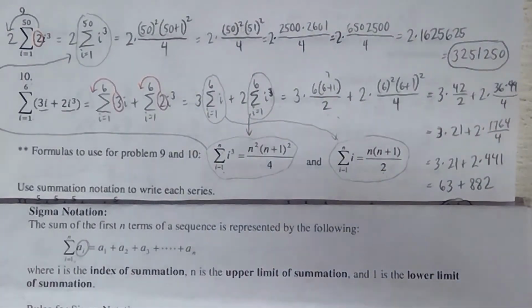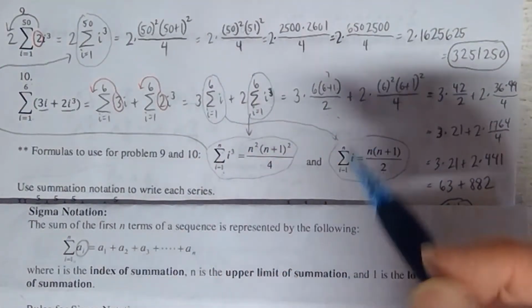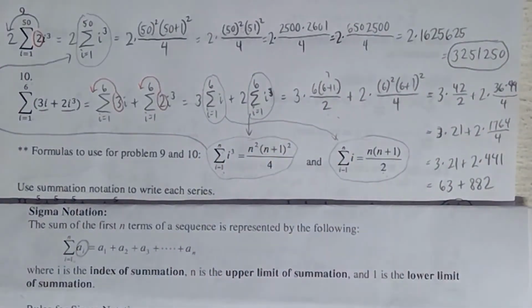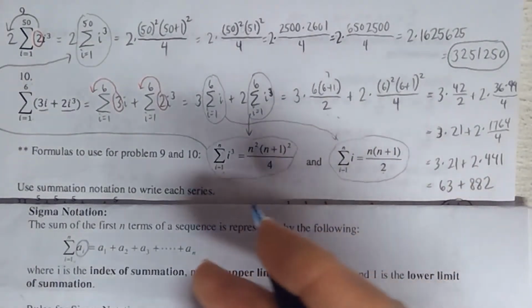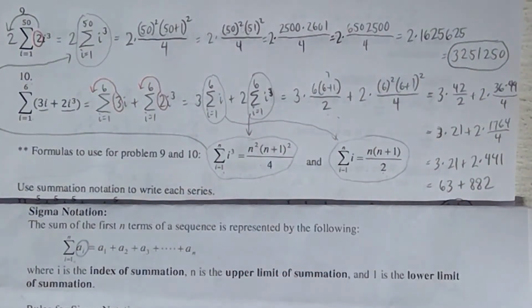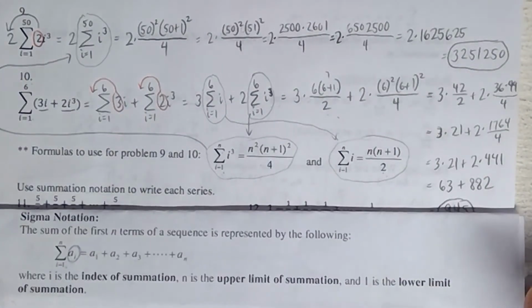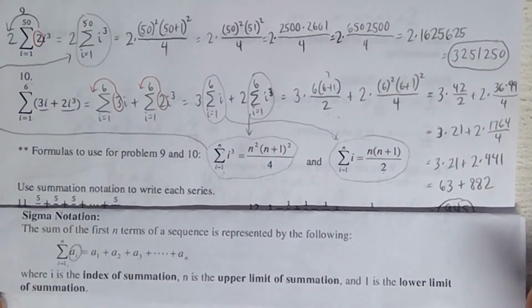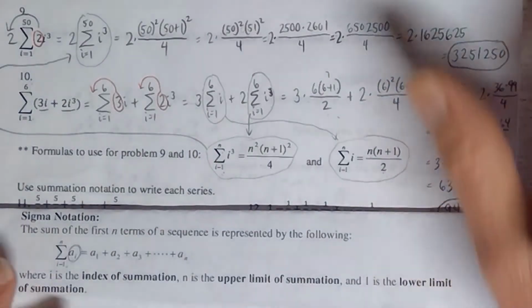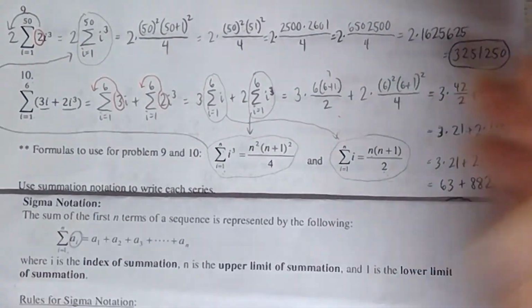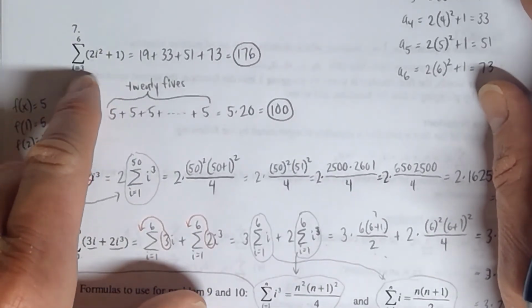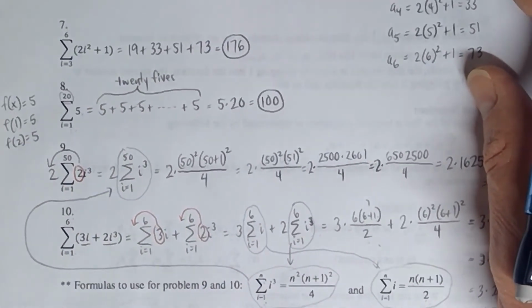And if I ever have I squared in there, I would give you the formula for I squared as well. Like I said, I don't have it on the sheet here today because I squared didn't ever come up, except for in number 7. But like I said before, you can't use this strategy of splitting the thing apart in problem number 7 up here because there's a 3 on the bottom. So that was different.